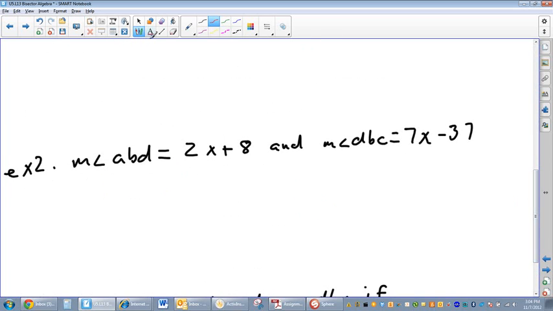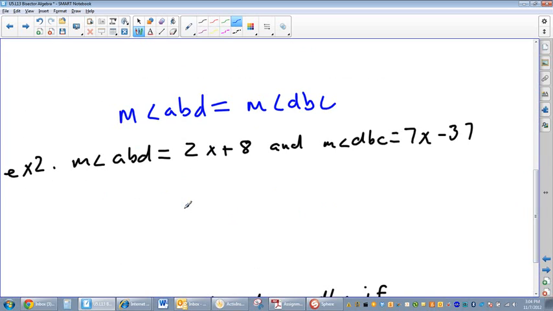Let's do one more here, and that'll be it for today. If I told you that the measure of angle ABD equals the measure of angle DBC, please use substitution to solve for x.